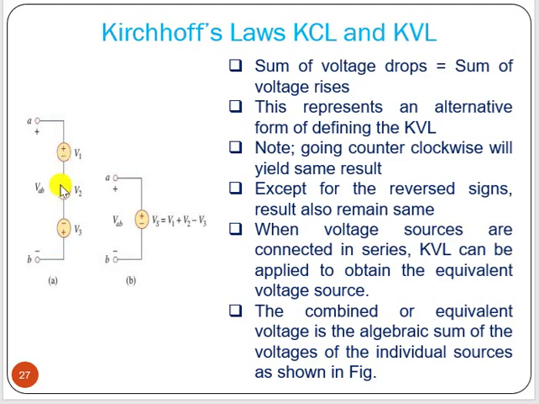Then plus to minus, plus to minus: these two are minus V1, minus V2, and then minus to plus, so plus V3. Then Vs equals V1 plus V2 minus V3. So this is how we have to write the KVL equation of any loop.